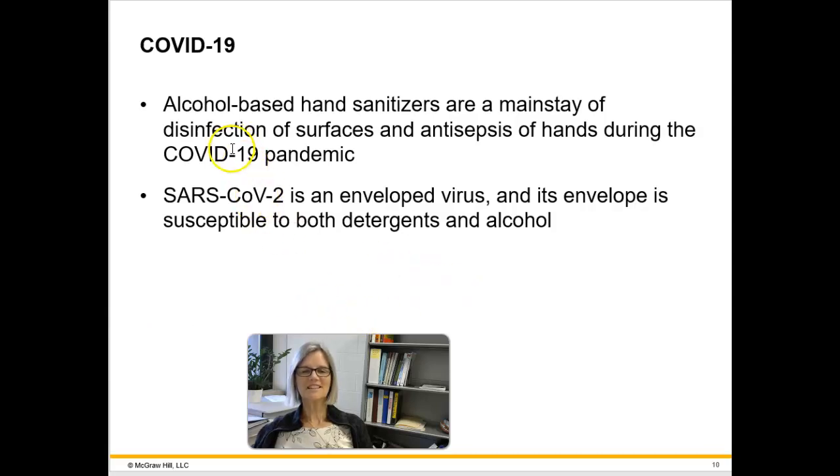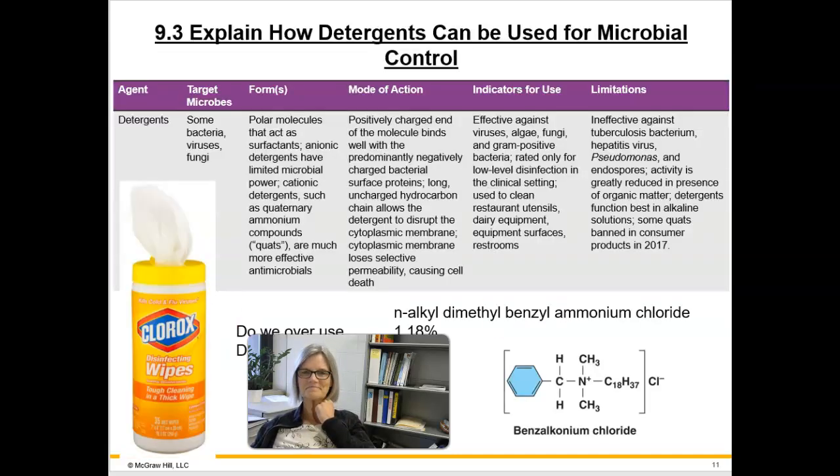I just stuck this in here. It says alcohol-based hand sanitizers are the mainstay of disinfection of surfaces, and antisepsis of hands during the COVID-19 pandemic. Remember, SARS-CoV-2 is an enveloped virus, and envelopes are more susceptible to detergents and alcohol. So we used a lot of alcohol in those days, and we're still using it, right?